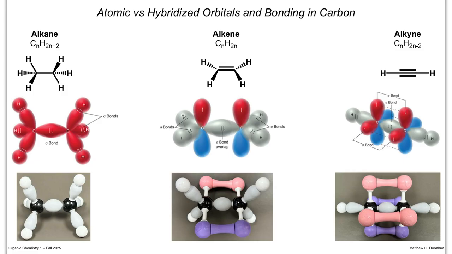And now this is the alkyne. Notice when you're looking directly down the carbon-carbon bond axis, sort of the colors, if the blue-green is a p orbital, it's overlapping, say, in this y direction. So that's a pi bond.